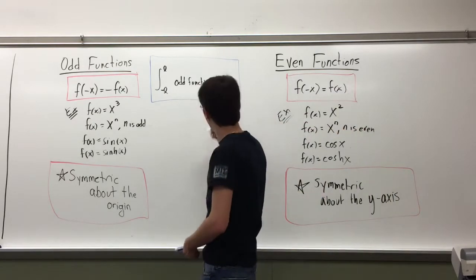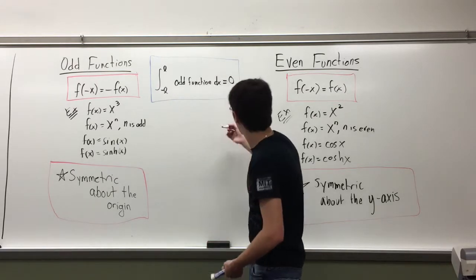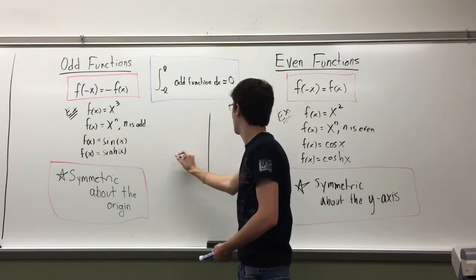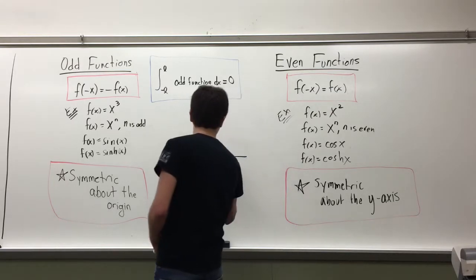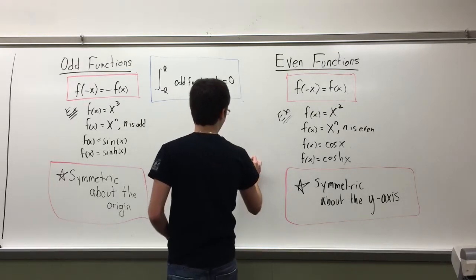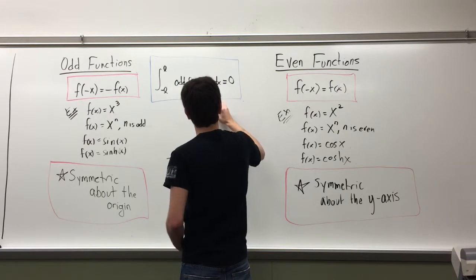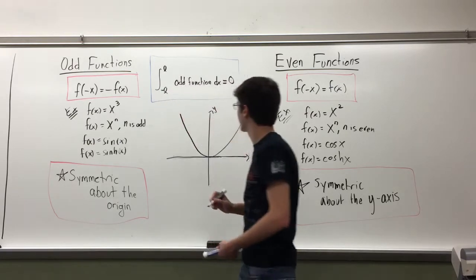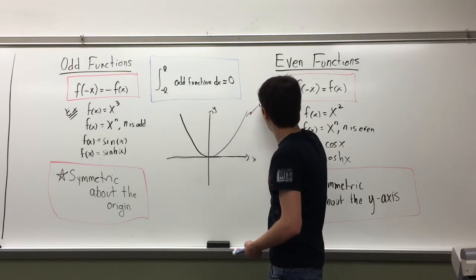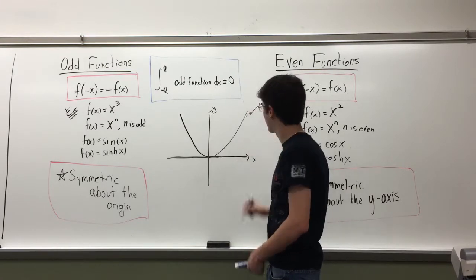Well, if we draw a graph of the even function, let's say the first example, f of x equals x squared. It would look something like this. Y equals x squared.